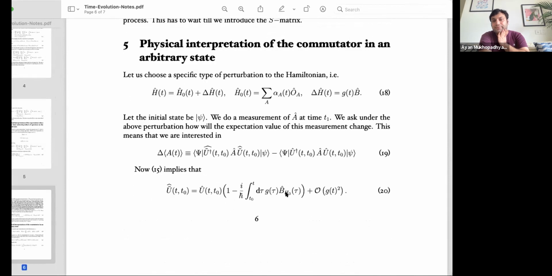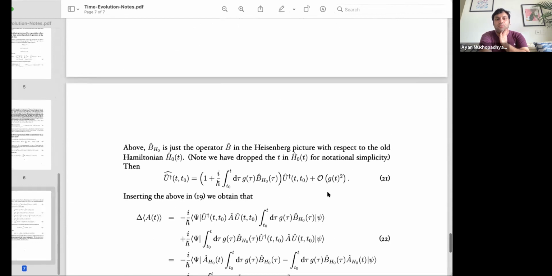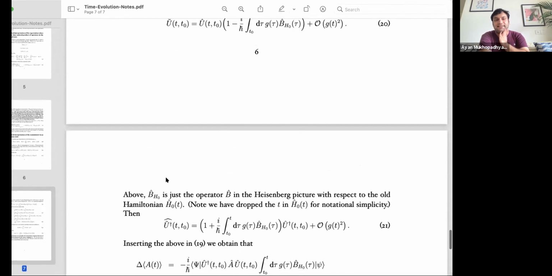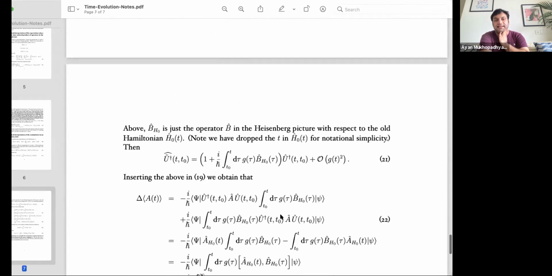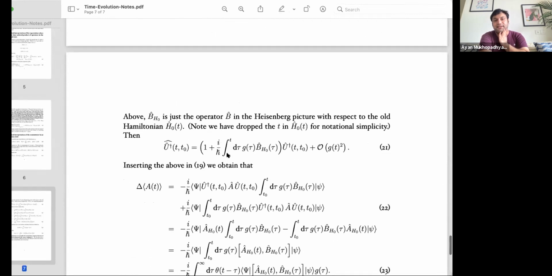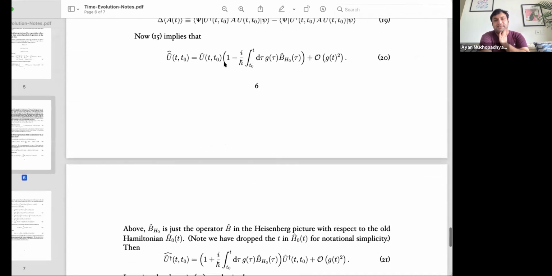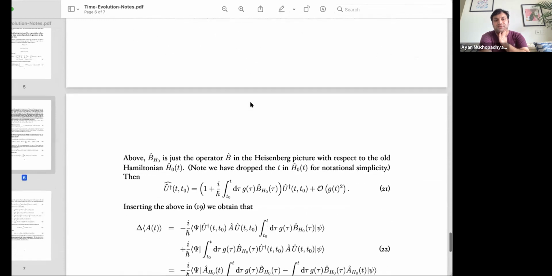There's only one single B. Is this clear? And then there's order G squared. Now if I take the dagger of this, I get this, that's obvious. I simply take the dagger of this. And again, I have done the same trick, it becomes plus. Actually, I have not done any further trick.